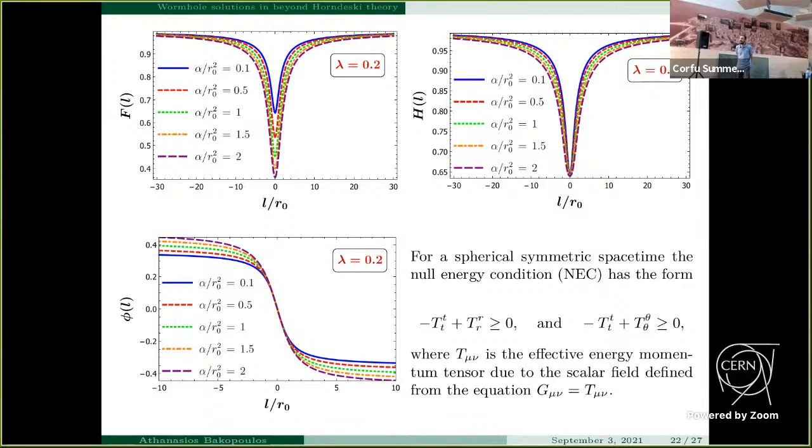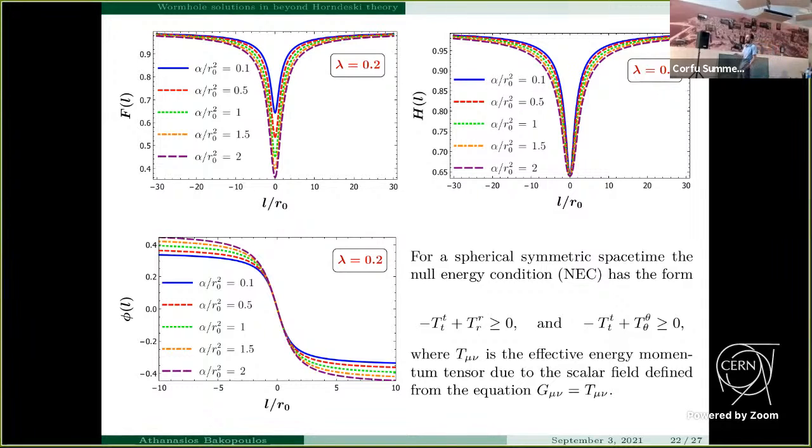We observe here that the solutions are everywhere regular, and they are also continuous at the throat. The same happens for the first and second derivatives. So, in this case, we do not have to place a thin shell of matter around the throat.